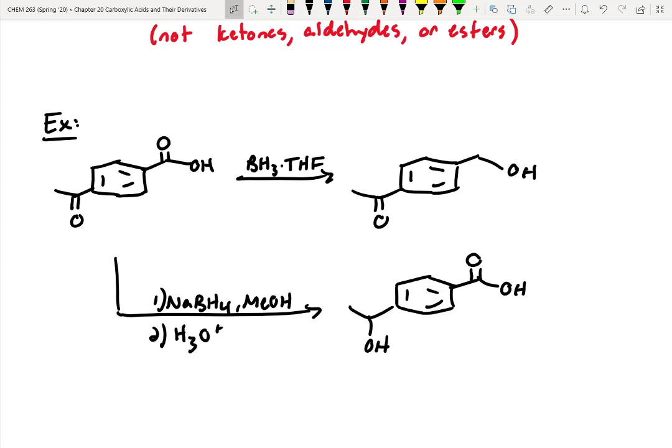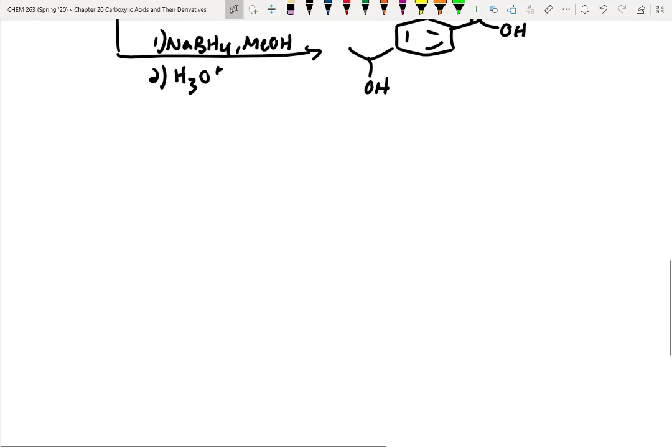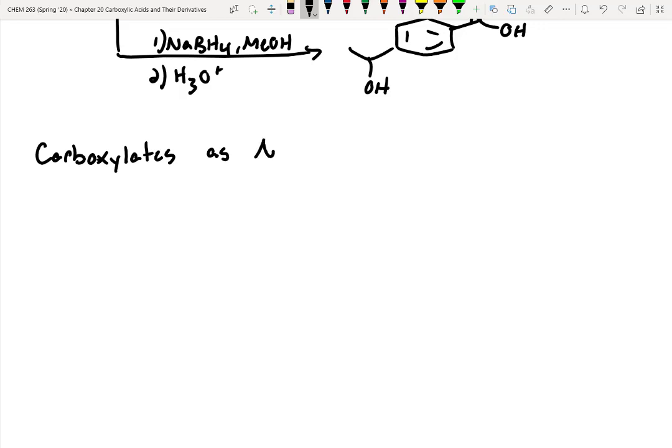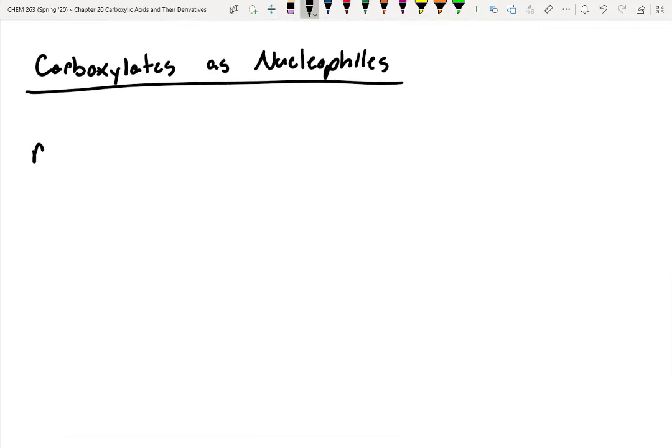All right, there's one other reaction I did want to cover, and this is actually going way back to fall term, and that's using carboxylates as nucleophiles. All right, so let's take a look at what goes on here.